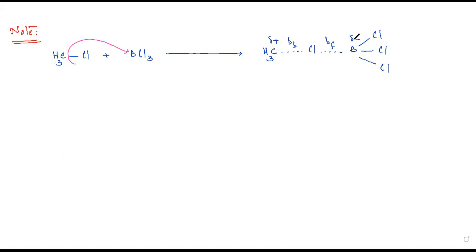But now let me show the partial positive and partial negative charge. See, once this bond breaks and this bond forms, you are going to get something which does not exist. BCl4 minus, it does not exist. So we don't use BCl3 as the Lewis acid for the generation of electrophile.